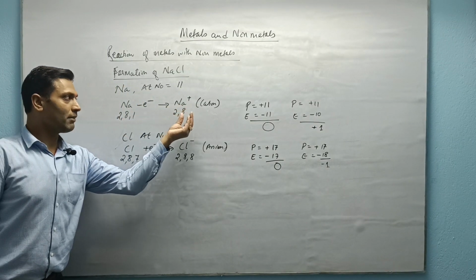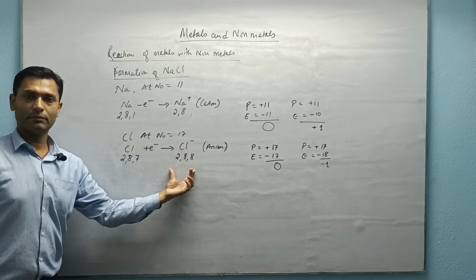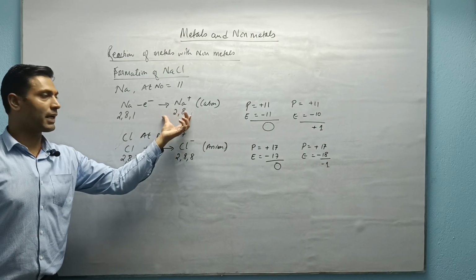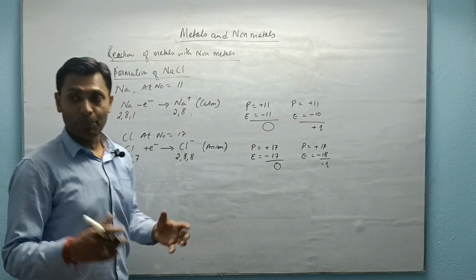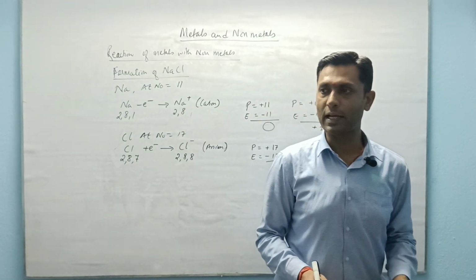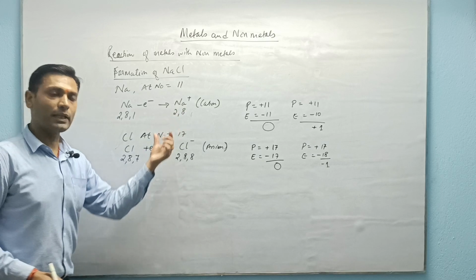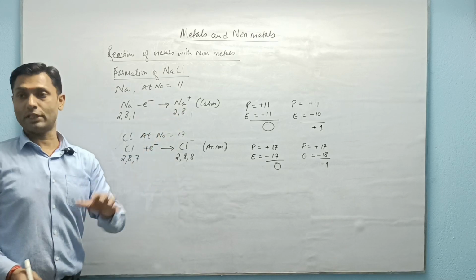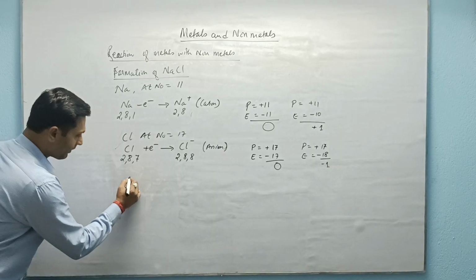Now, the sodium ion is positively charged and the chloride ion is negatively charged. Opposite charges attract each other. Moreover, sodium and chlorine ions have equal and opposite charges. So what will happen?